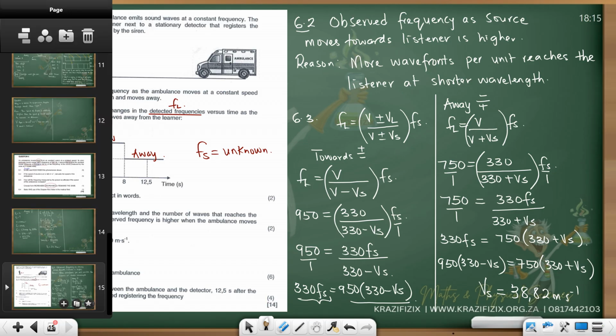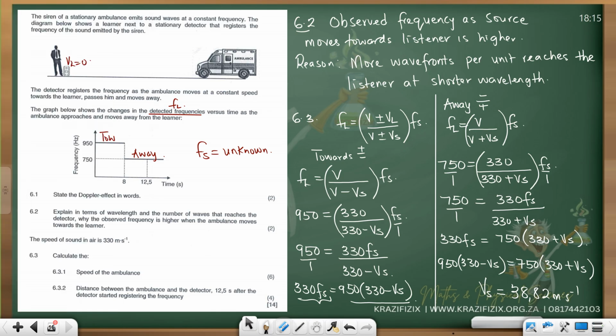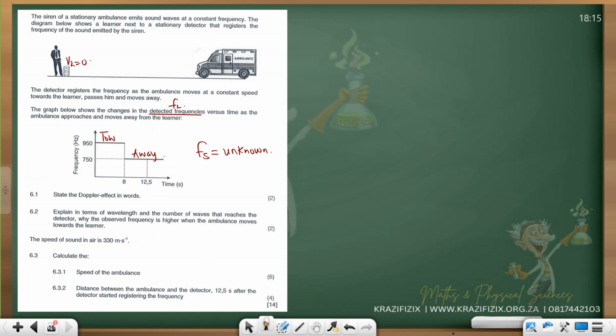The examiner is bringing in some general physics concepts. We are looking for distance. And somebody is saying, but there's no distance in this formula. Think beyond Doppler. What do we know? They said, calculate the distance between the ambulance and the detector.